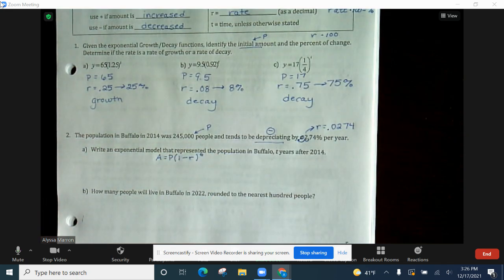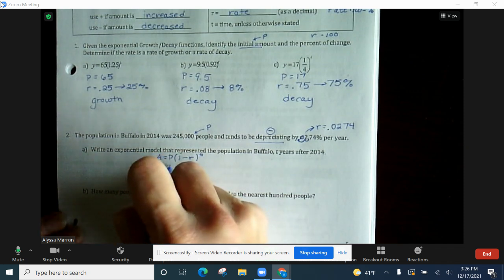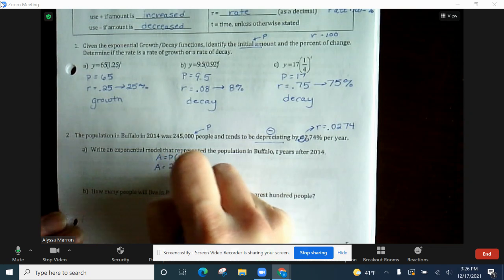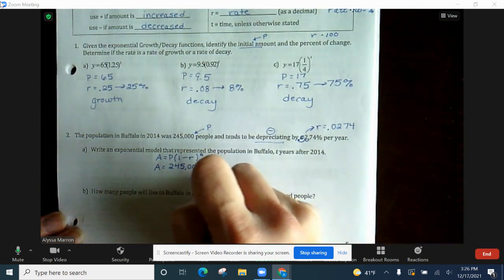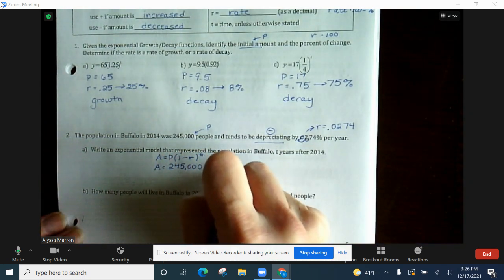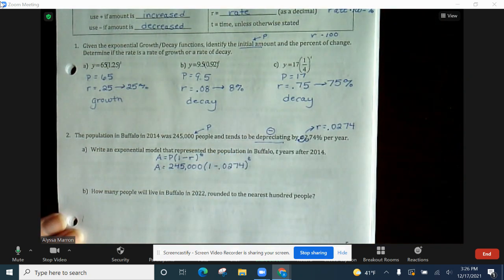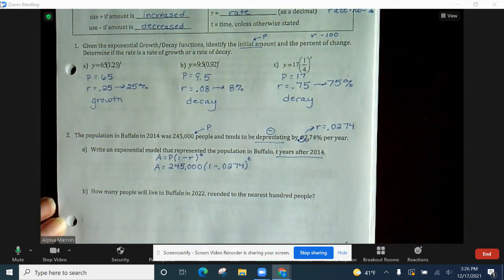Now I can plug in. I don't know the final population, but I do know that initial population was 245,000 times 1 minus that rate, 0.0274, raised to the t.